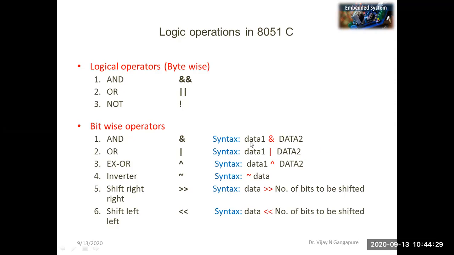In this way it will go up to bit number D7. So in this way the bitwise AND operator operates on data 1 and data 2, producing the resultant byte.